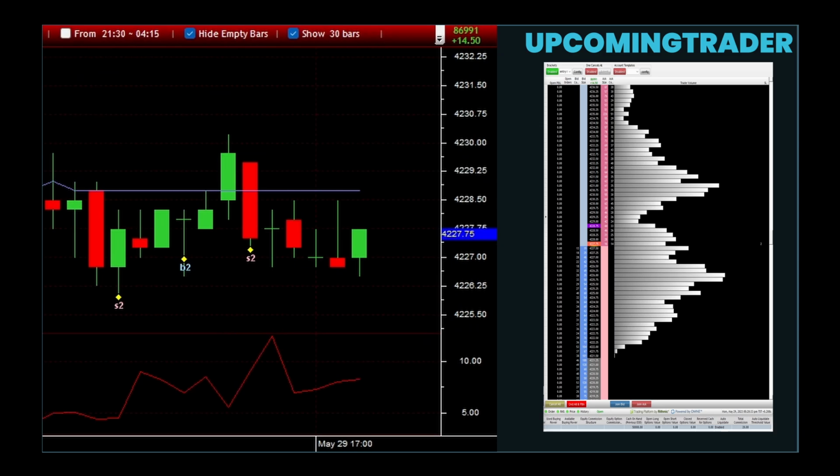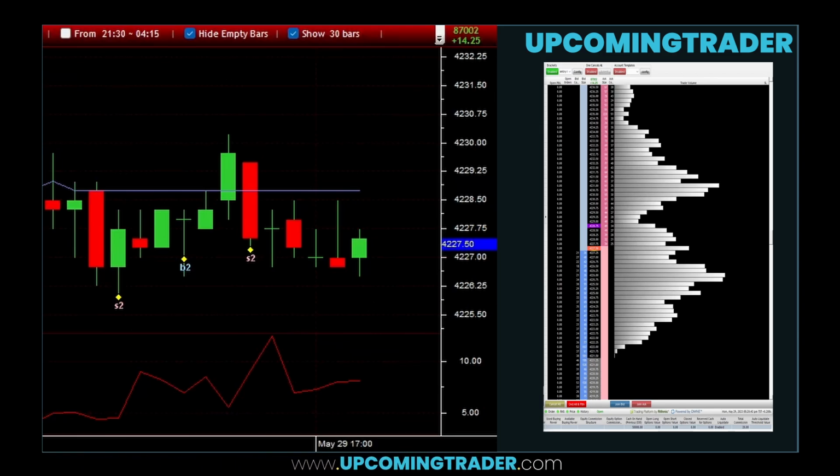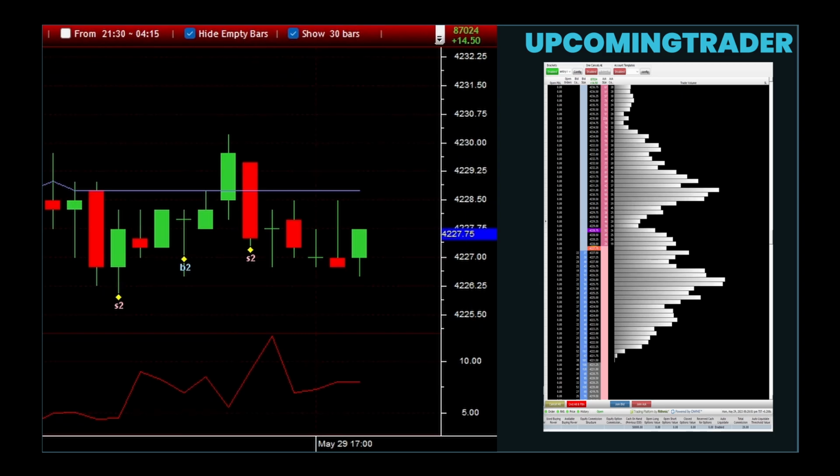If the price revisits a level where a tail was previously formed, it is likely to see a similar rejection, which can provide an excellent entry point for a reversal trade. Recognizing tails and their significance is crucial, especially in volatile markets where rapid price movements are common.